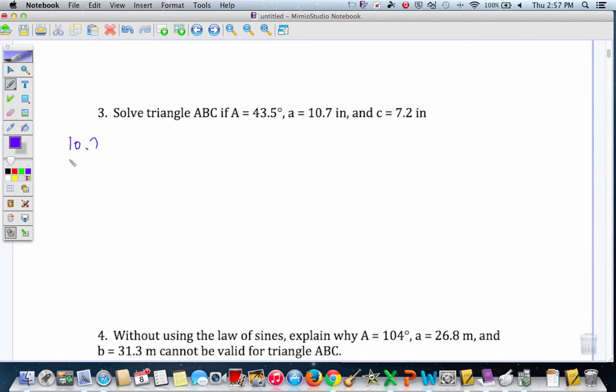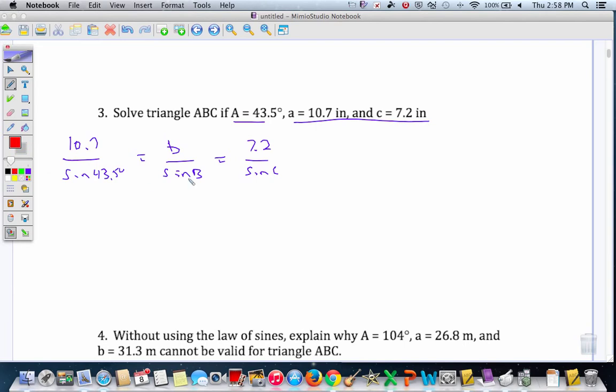Let's try again here. Solve triangle ABC if A is 43.5, side A is 10.7, and side C is 7.2. So I started setting up my law of sines. 10.7 over sine of 43.5. We don't know angle B or side B, but we know side C is 7.2, and angle C is what we're going to look for.